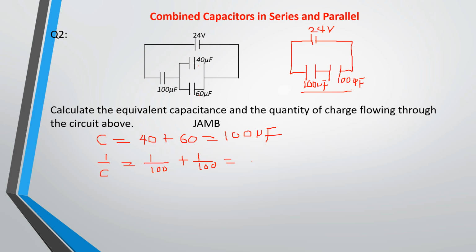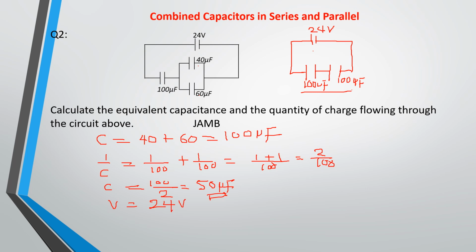If you find the LCM of this, this will be 1 plus 1, which gives you 2 over 100, and then C will be equal to 100 over 2, and that gives us 50 microfarad as the combined capacitance for this particular arrangement. Now the voltage or the PD across this arrangement is V equals 24 volts.